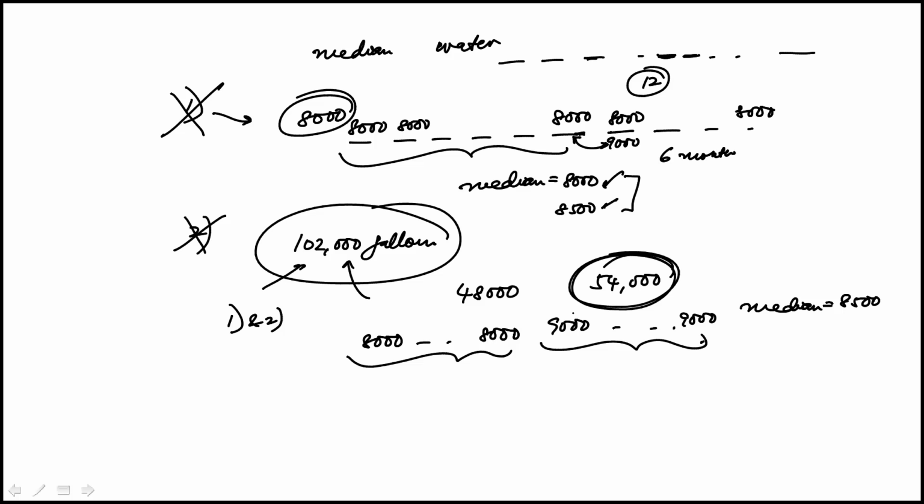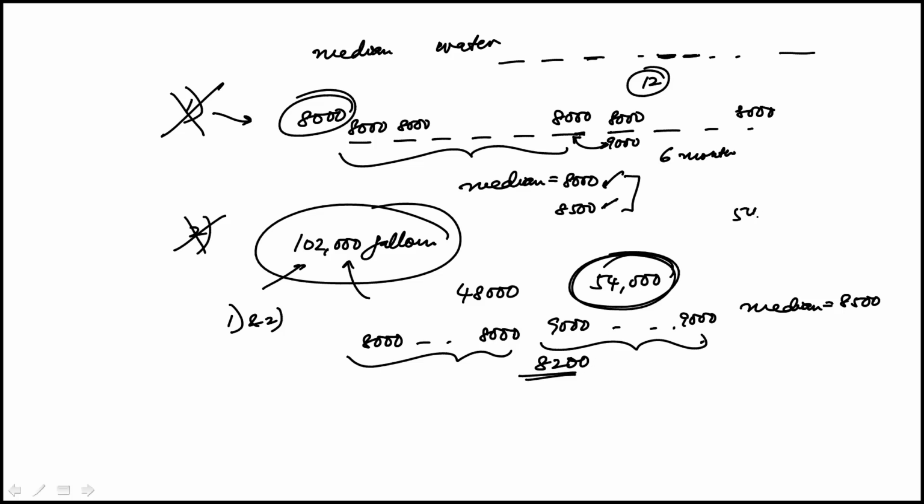But I could also have, let's say, 8,000 for the first 5 months and 8,200 for the sixth month.